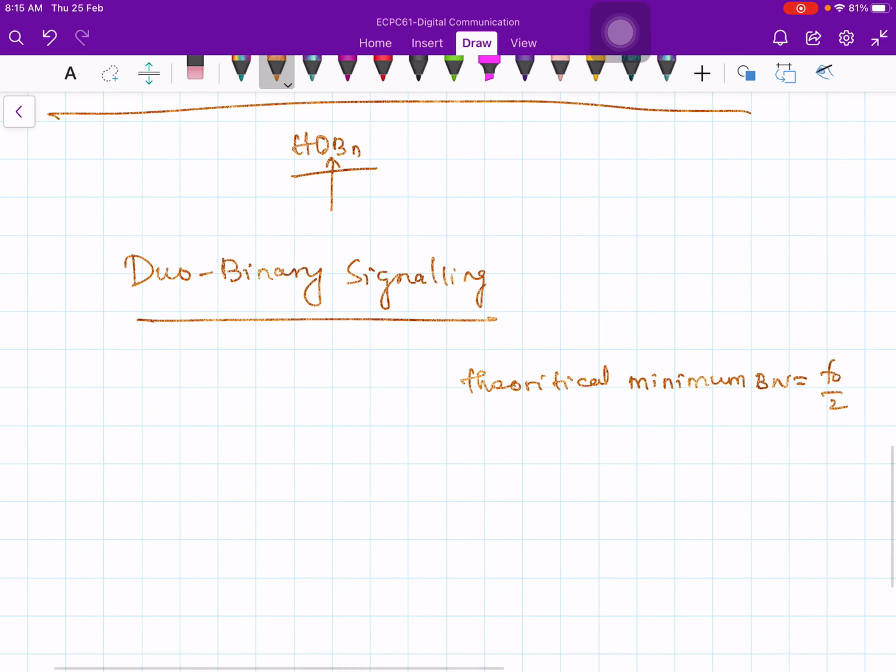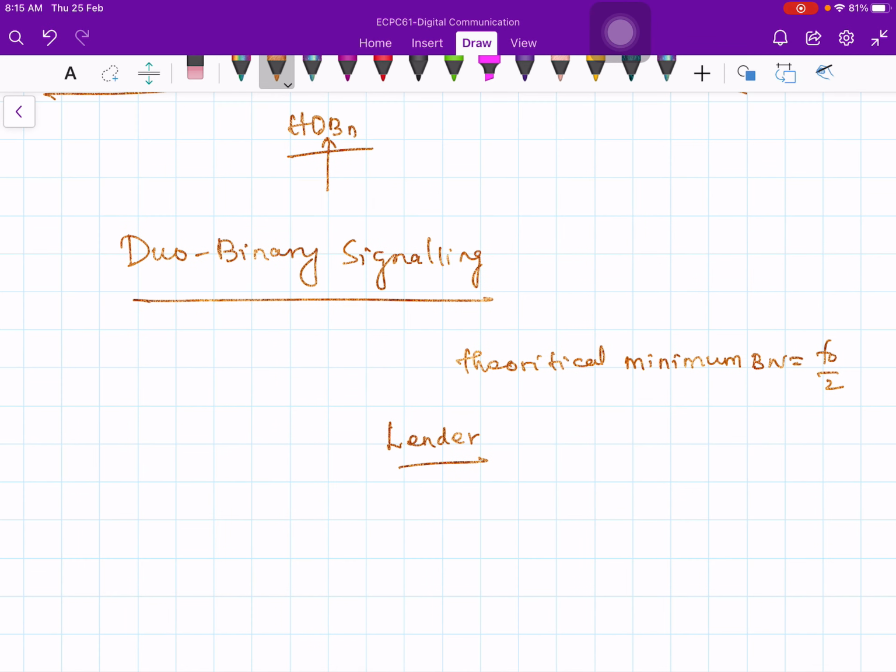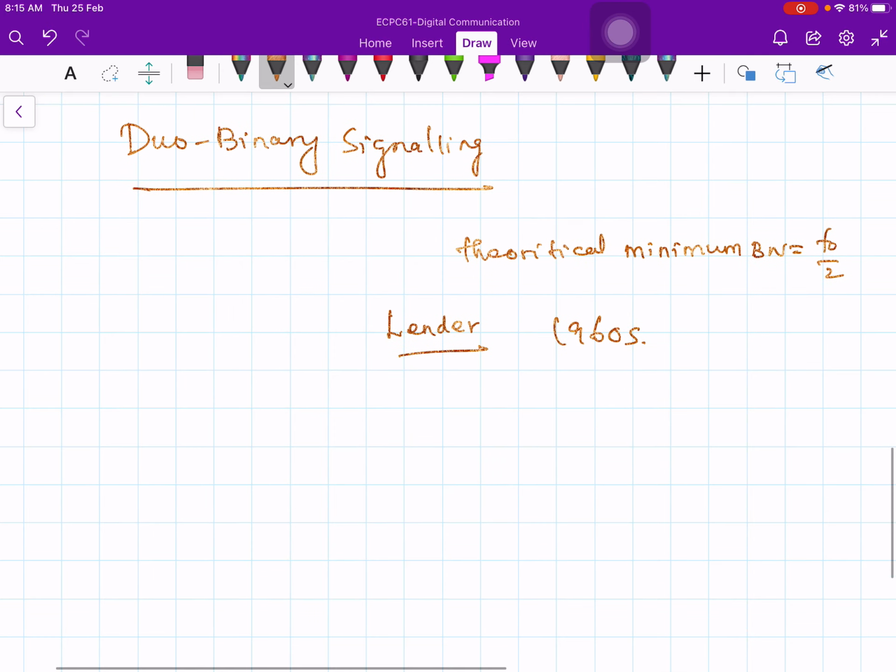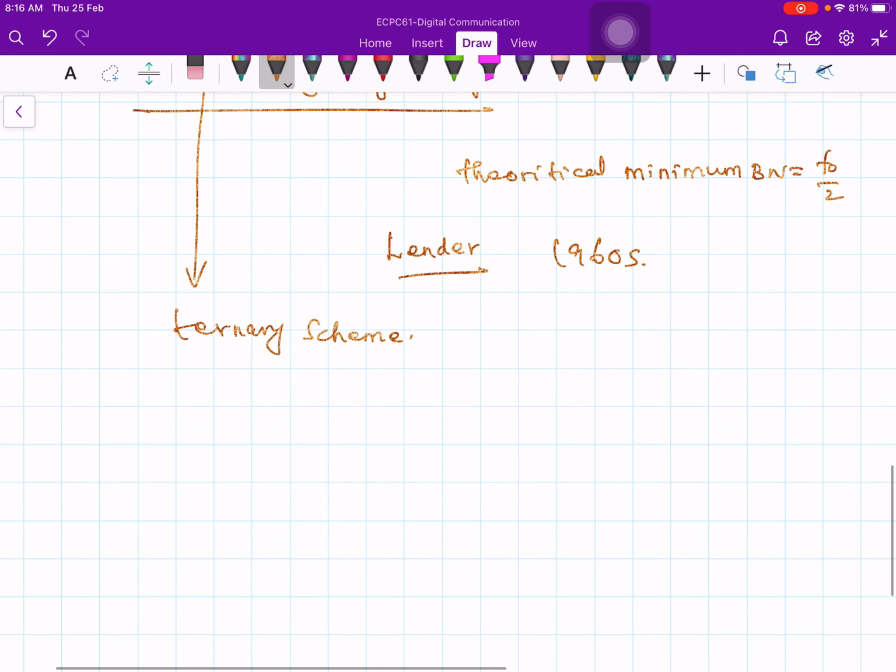This was originally proposed by Lender, a very famous name in line coding schemes in the 1960s. Duobinary signaling is also a ternary scheme, or you can say a pseudo ternary scheme.